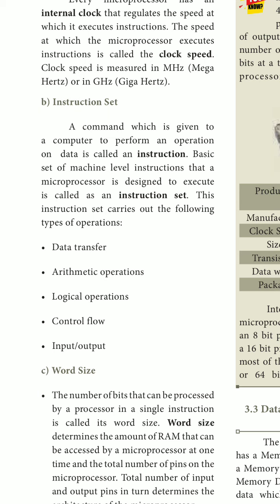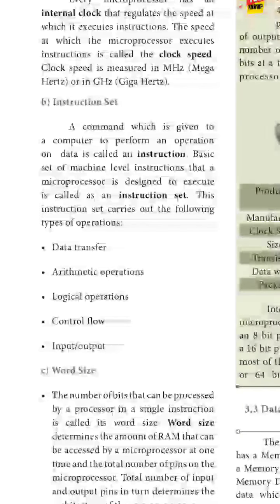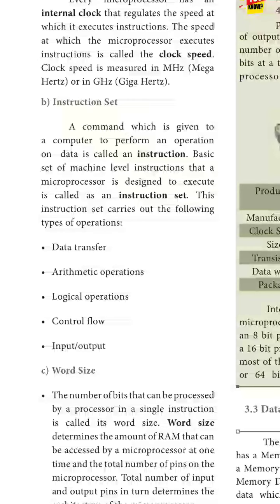You will be giving instructions to the microprocessor, and while designing the microprocessor itself, they create the instruction set. For example, if you want to add two numbers, there will be a command such as add. If you want to store information to memory, store is an instruction. Likewise, it will have English words as instructions to do certain actions.